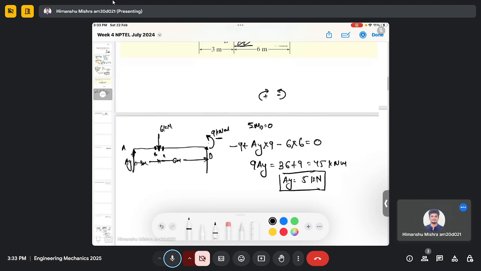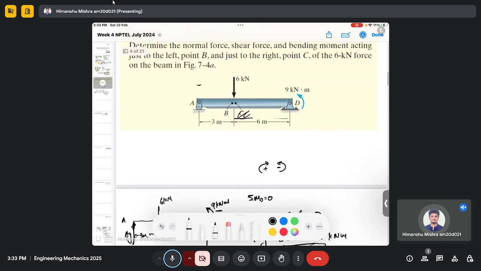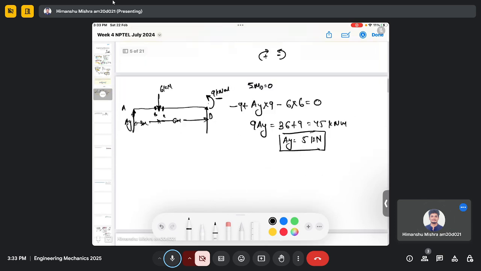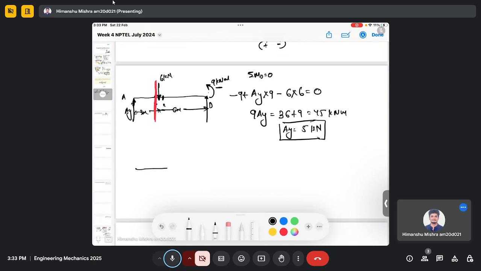Then in order to find the quantities at these 2 points, let us cut this beam first across B. So we will first cut this beam across B. So we will have AY.